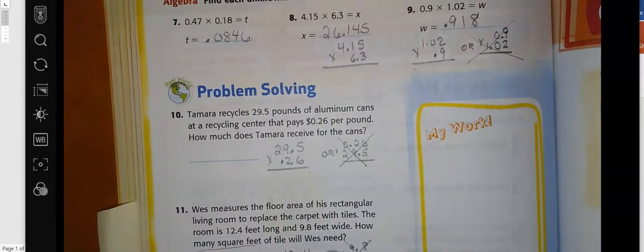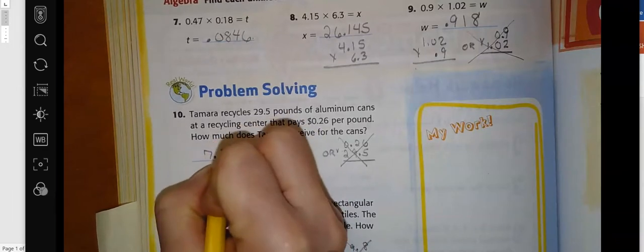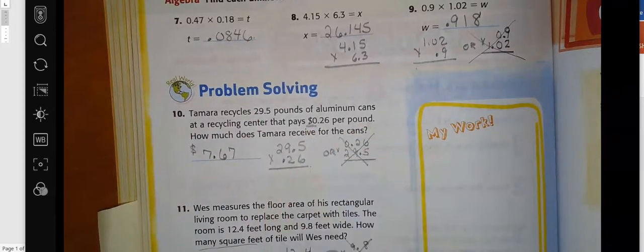29 and 5/10 times 26 cents, 26 out of 100, should come out to be 7 and 67/100. In this case, we're talking money, so you need your dollar sign.